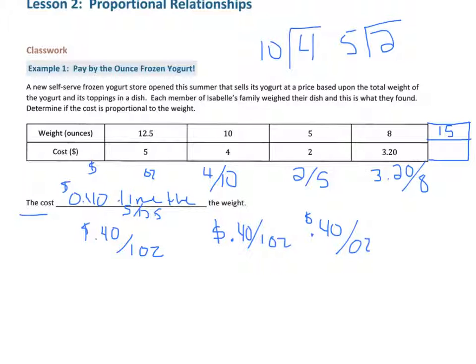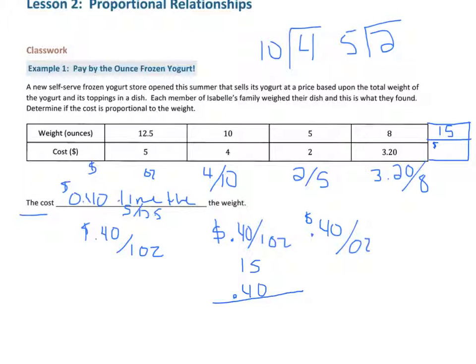Well, now we know that each ounce is 40 cents. So we could take that 40 cents and multiply it by the number of ounces. We can determine the cost by multiplying the 40 cents by 15 ounces.